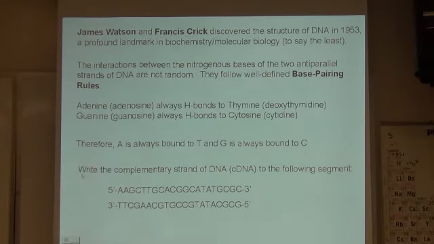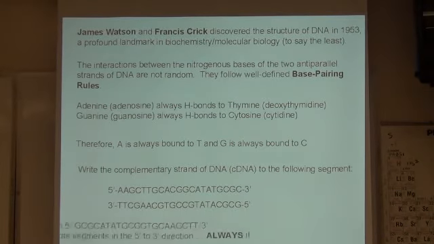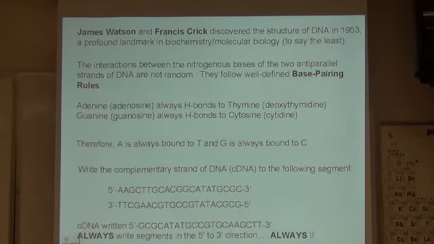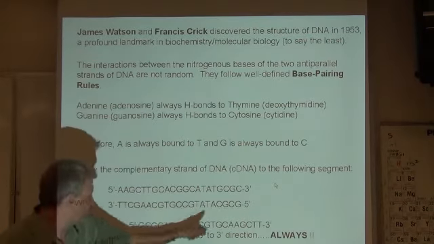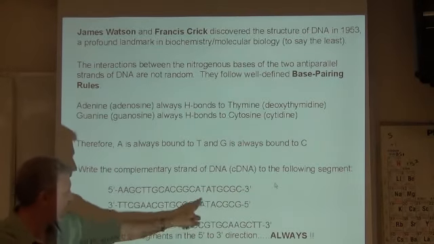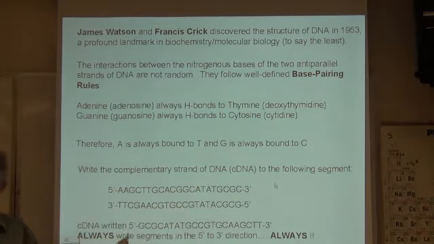But I'm not done because I was asked to write the complementary strand, so I have to flip that around. I move the 5' over here, I go G, C, I'll do it quicker if I go G, C, A, T, A. We have to do it that way.